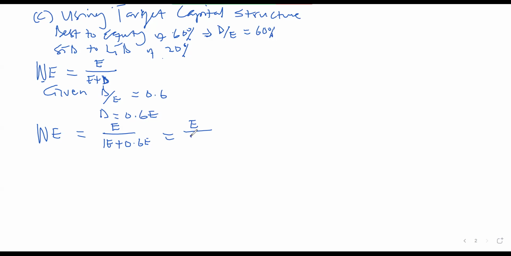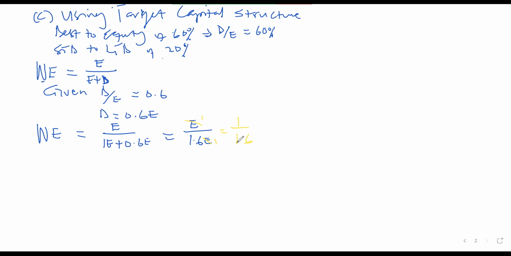That's correct. The weight has to be in values, not in alphabets. So I can cancel out E, and this means that I have 1 over 1.6, correct?